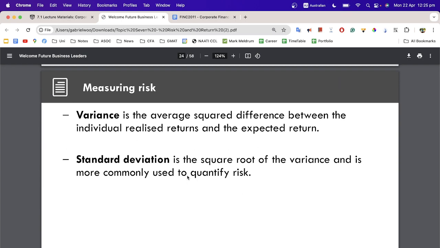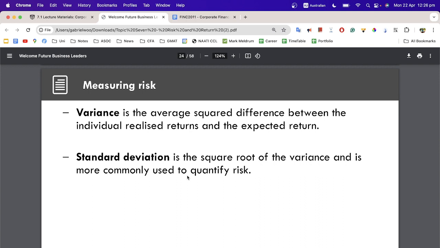Measures of risk include variance and standard deviation. Think back to your BUSS1020 or your HSC or high school IB days. Variance is the average of squared differences between the individual realized returns and the expected return. So once again, what does risk measure?